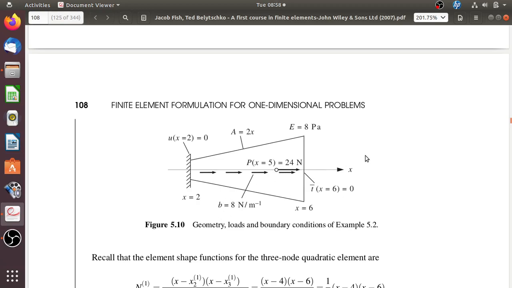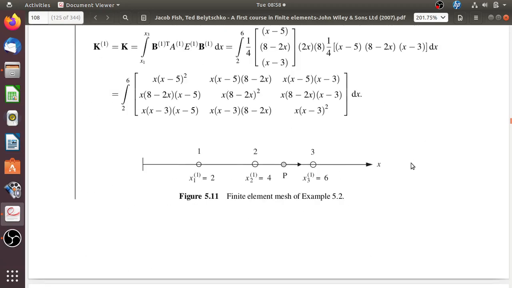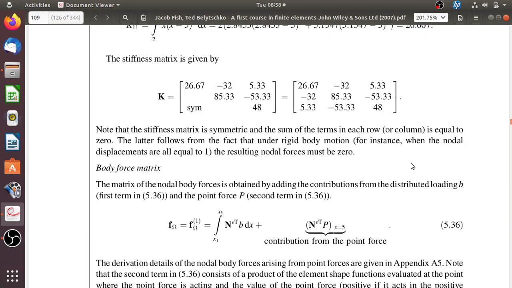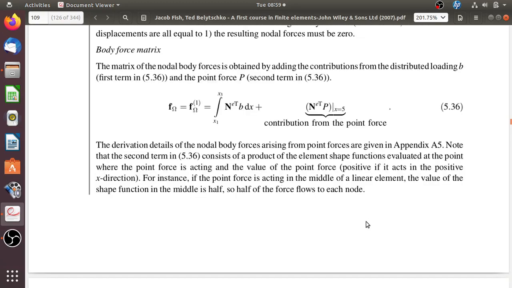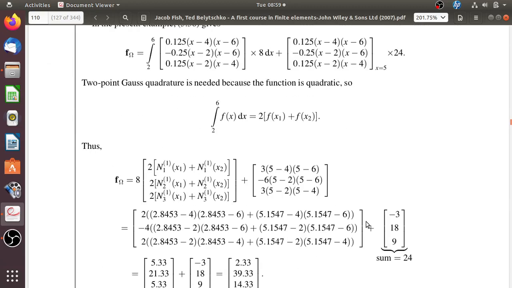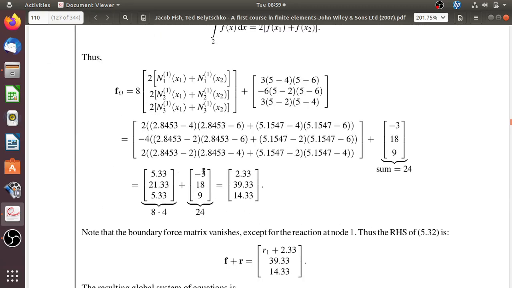If I assume that and do this integration, then what I will get is this. You could verify that. That will finally provide me this vector. And the sum of these two vectors is the total body force.